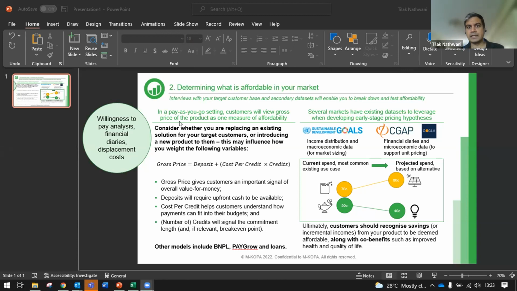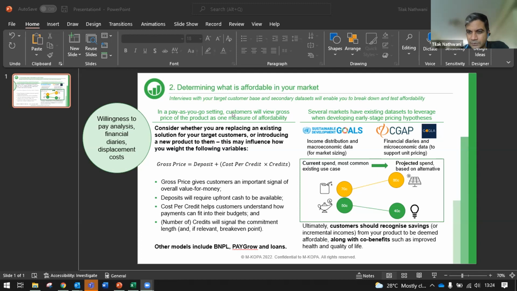One thing to mention, affordability is seen through different lenses. There is, of course, the overall measure of gross price. By the end of the pay-as-you-go payment plan, what is the customer paying? So that's definitely one measure that customers look at. But there are more considerations for a customer.